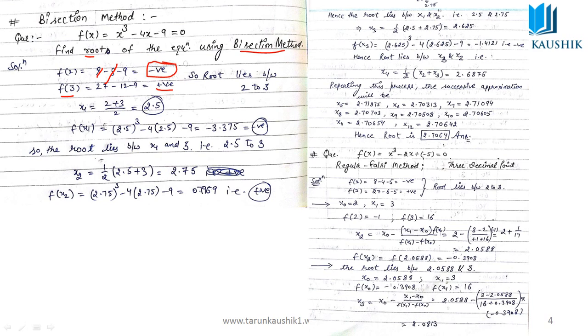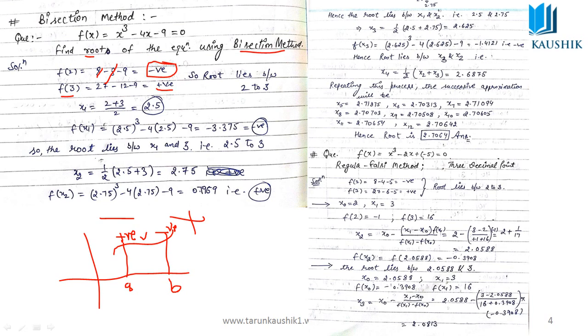What we studied in the previous slide is that if we calculate the value of a function at point A and at point B, and the signs are different, suppose the function here is negative and here is positive, or the other way around, if there is a change of sign between these two, by the intermediate value theorem the root must be lying between these two.